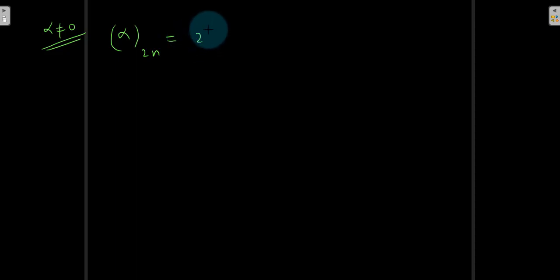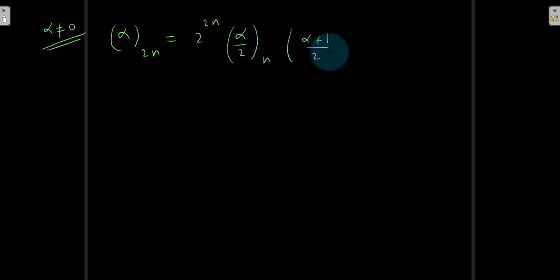The first result, with alpha obviously not equal to 0, keep in mind, is alpha 2n equals 2 to the power 2n, alpha divided by 2 factorial notation n, times alpha plus 1 divided by 2 factorial n. It is very easy to prove. What is basically alpha 2n?